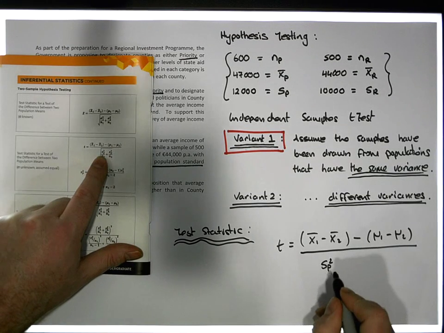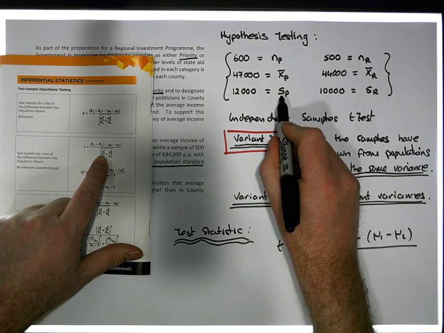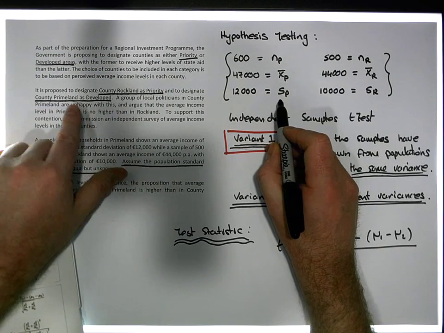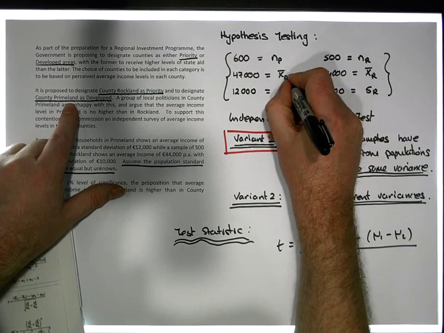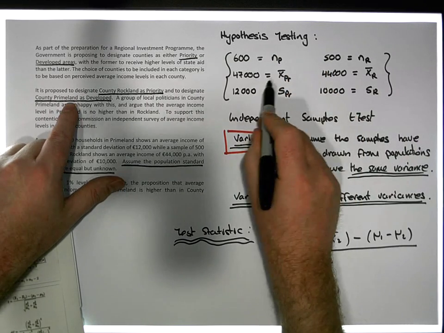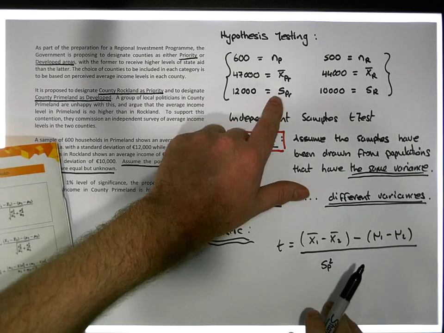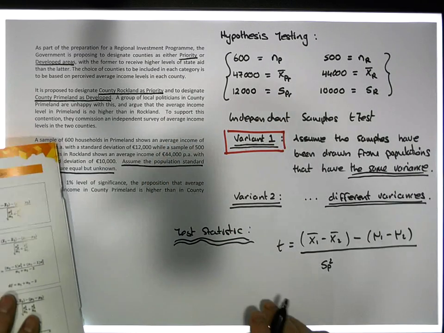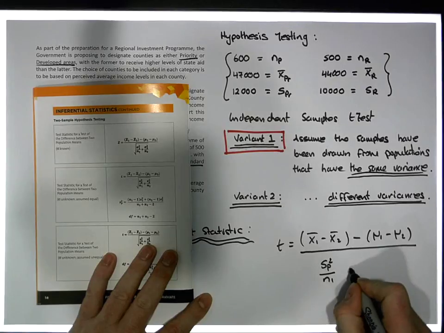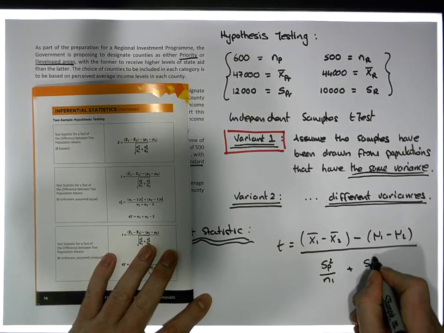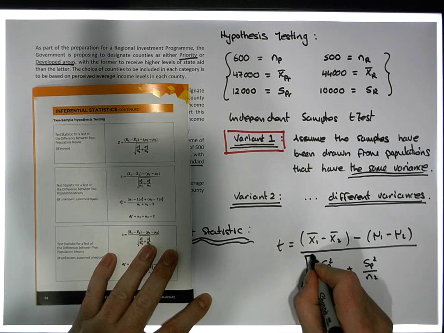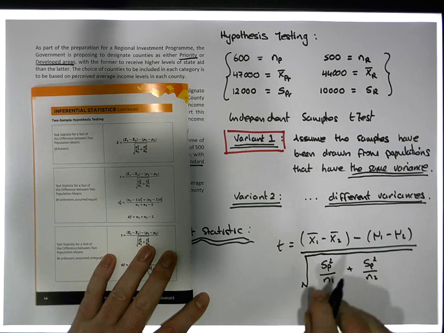This pooled variance is different to this s prime, maybe I should call this Sp small r, so we're not confusing it with the pooled variance. So the test statistic is the square root of the pooled variance over the first sample size plus the pooled variance over the second sample size.